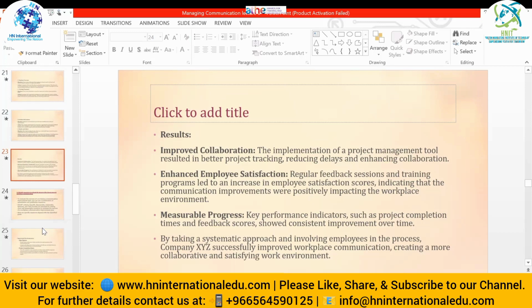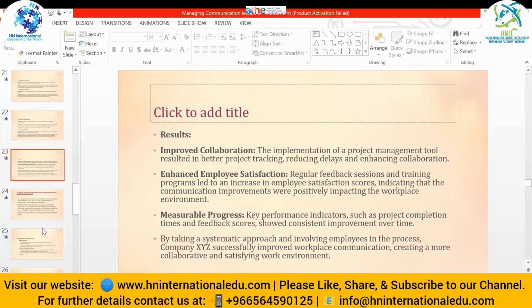The key performance indicators, such as project completion times and feedback scores, showed improvement over time. By taking a systematic approach and involving the employees in the process, Company XYZ successfully improved workplace communication, creating a more collaborative and satisfying work environment.